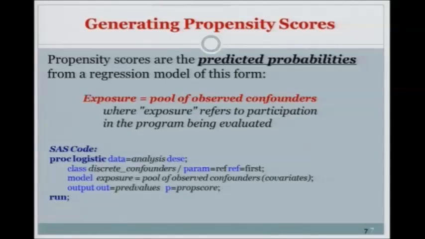As many factors as you can that might confound the relationship between home visiting and whatever your outcome is for your program that you want to study, right? And then you have your regression coefficients for each of these factors, right? You exponentiate those. The intercept plus beta 1 times x1 plus beta 2 times x2, etc. That's your predicted probability, right?